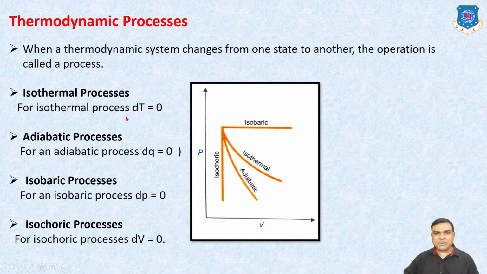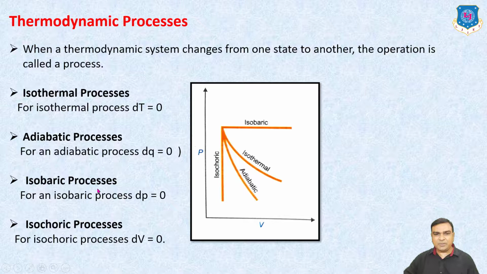So in an isothermal process, the change in temperature is 0, so dT is equal to 0. An adiabatic process is one in which the heat transfer is 0, so dQ is equal to 0. This curve is for the adiabatic process and this one is for the isothermal process.